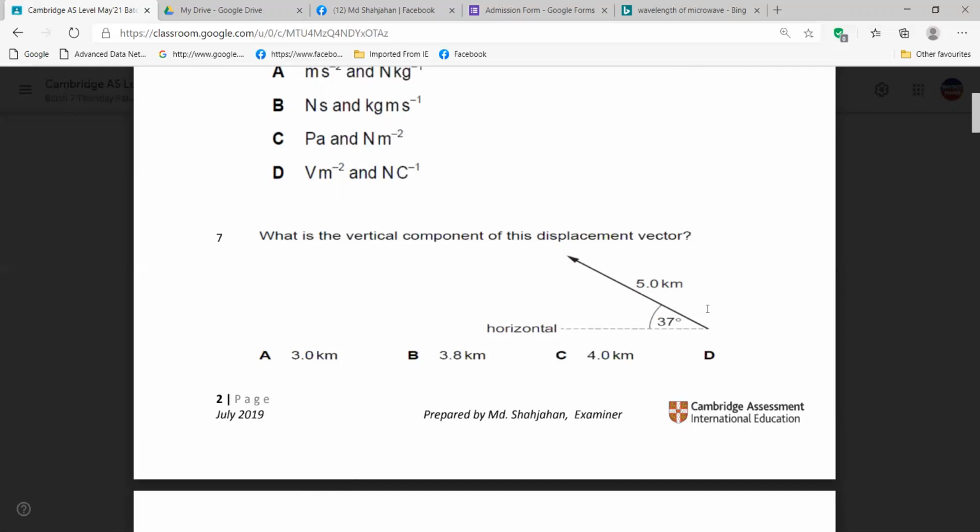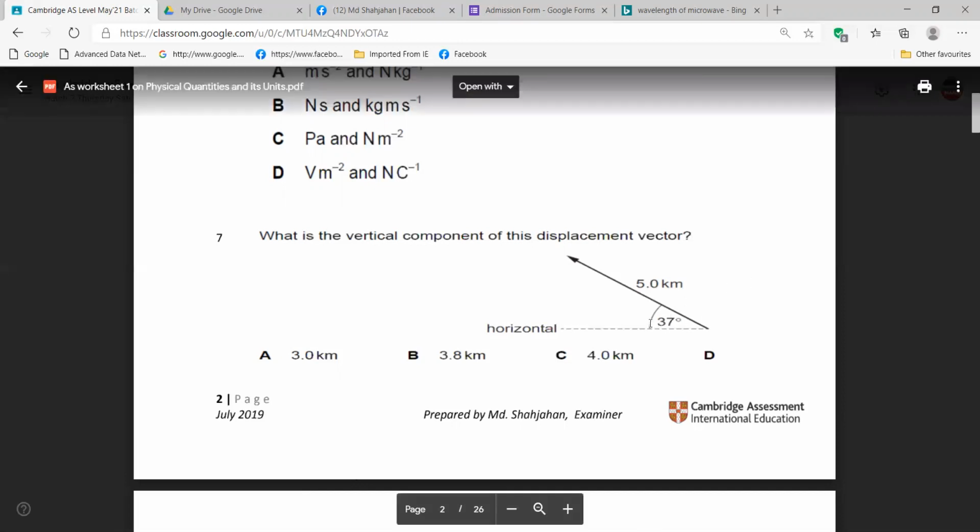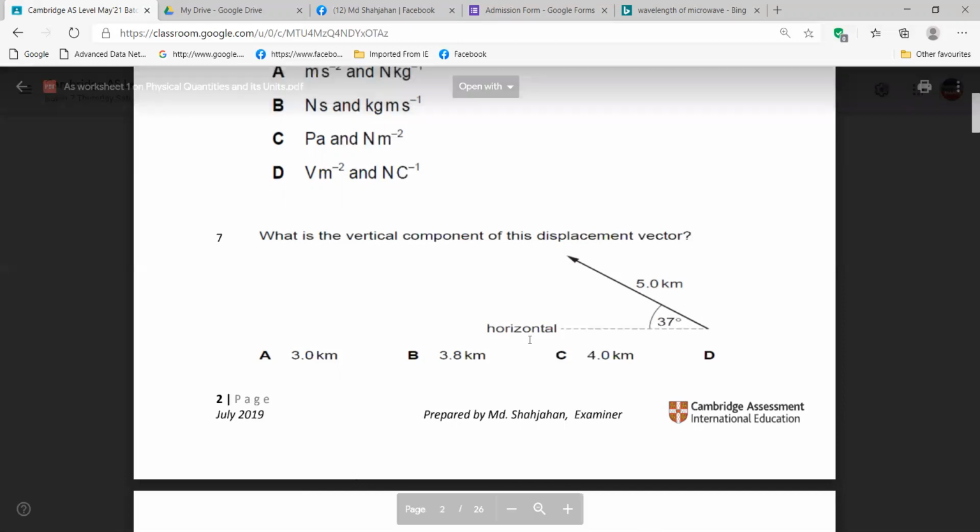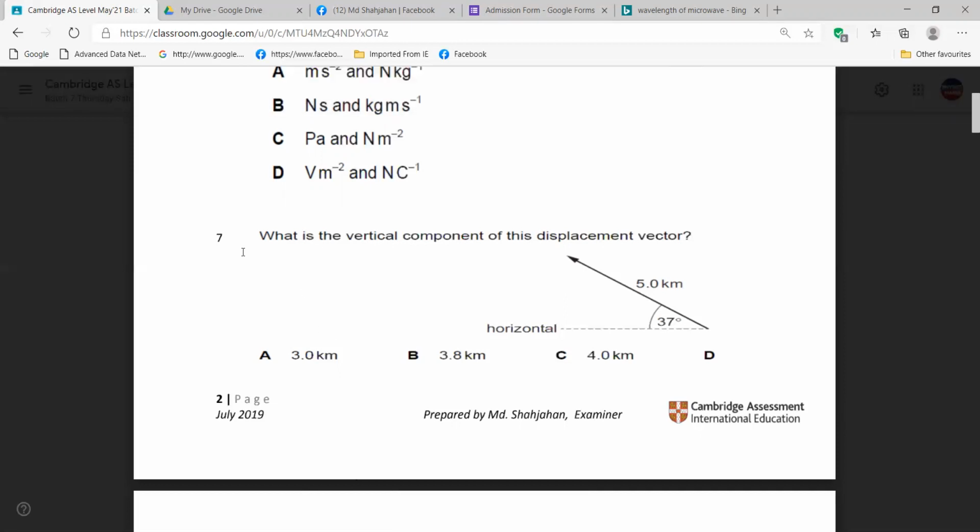It is P sine theta. Okay, P is your 5 kilometer and theta means 37 degrees, so 5 sine 37 degrees. Check out and also write the working in your copy. Question number 7. If you write, then you can remember how you did that.